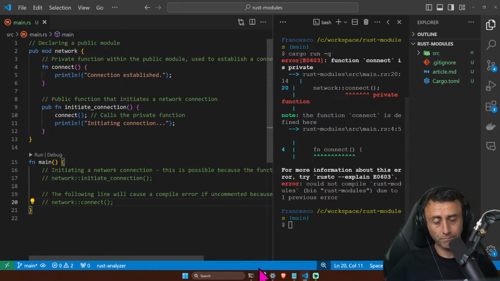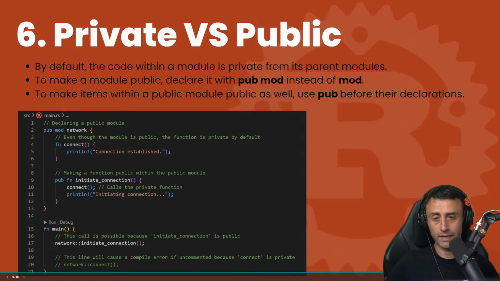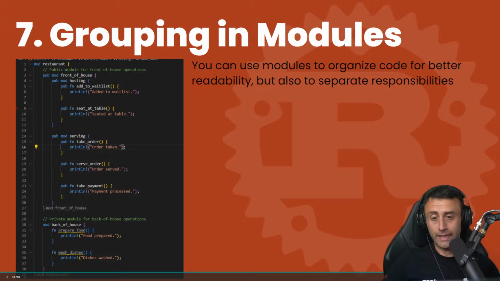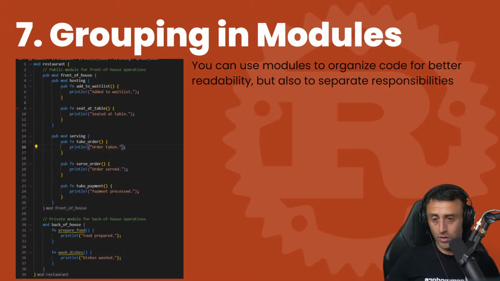Okay. Let's go back here and go to this one. This is rule number 7, and this is the last rule of today, rule concept. What about grouping in modules? Can we group code and functionalities into different modules, and why should we do that? We will see an example soon.